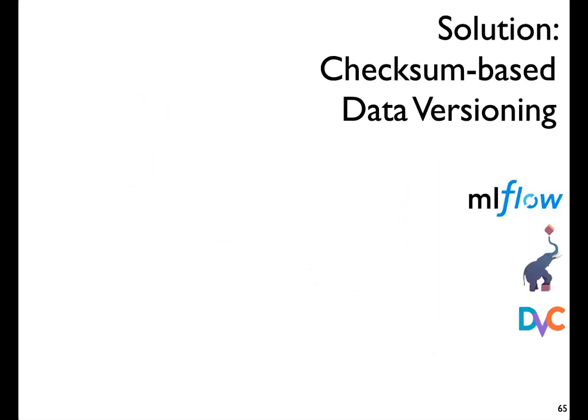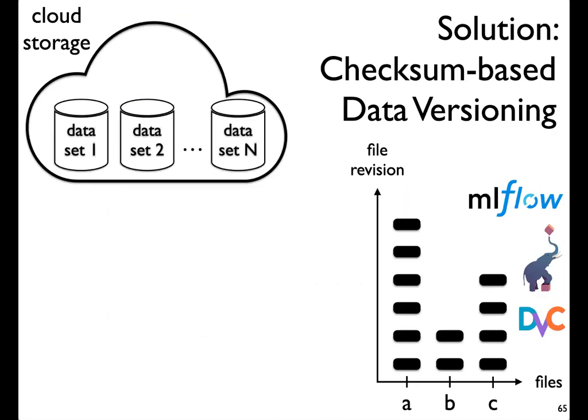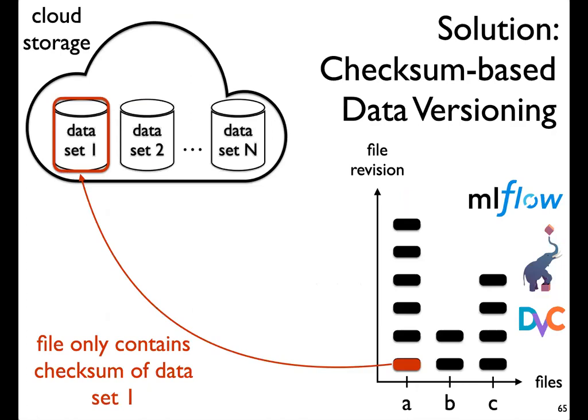So what happened then is there are a lot of technologies out there that try a hybrid approach. They say, look, put the data where it should be, in scalable, big storage, like in the cloud. You can have different versions there, no worries. You can have your code in Git where it should be. And you now have this missing link, where you still have a file in Git that represents the data, but instead of containing the contents of the data, it contains a remote pointer, basically a checksum of the remote storage.